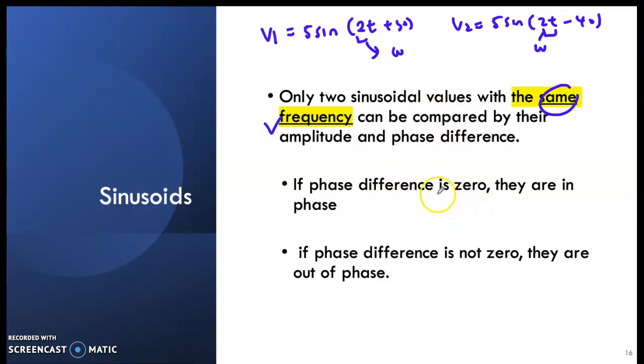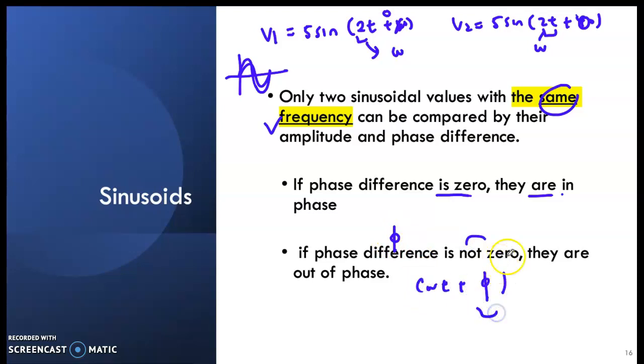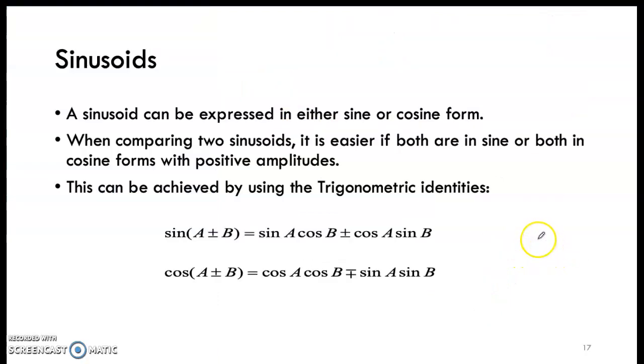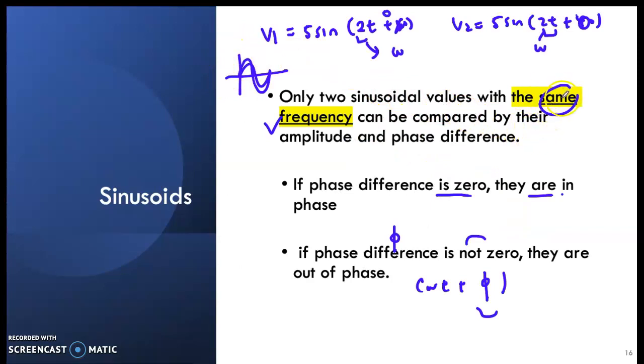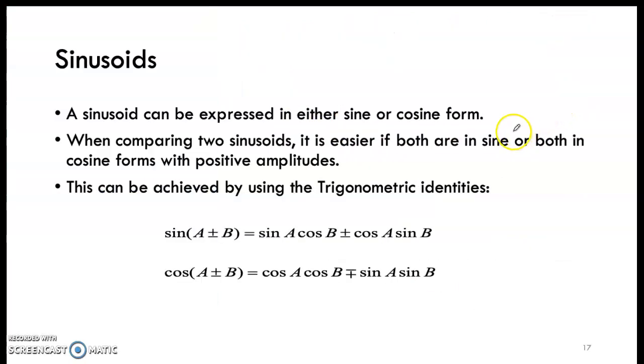If the phase difference is 0, they are in phase. Let's say here we have plus 0 and here is also plus 0, so the signals overlap each other. We call this in phase. But when the phase difference, the phi in omega t plus phi, is not 0, they are out of phase. To compare, both must have the same frequency and the same function: if V1 is sine, V2 needs to be sine.